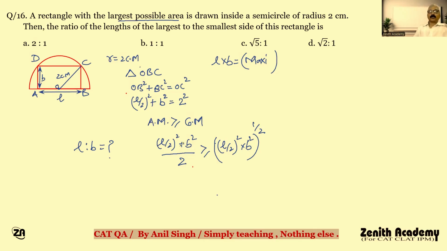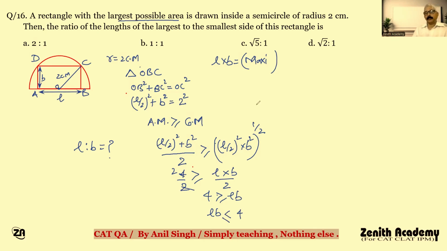So L by 2 whole square plus B square, this is given as 4, so 4 by 2. And here, this will be L into B by 2. So this just cancels. So this means L into B is less than or equal to 2.